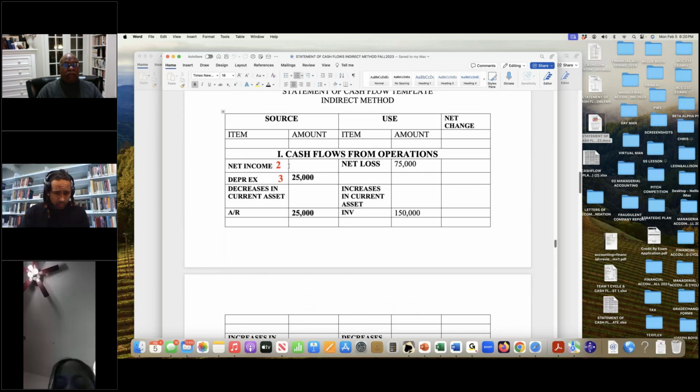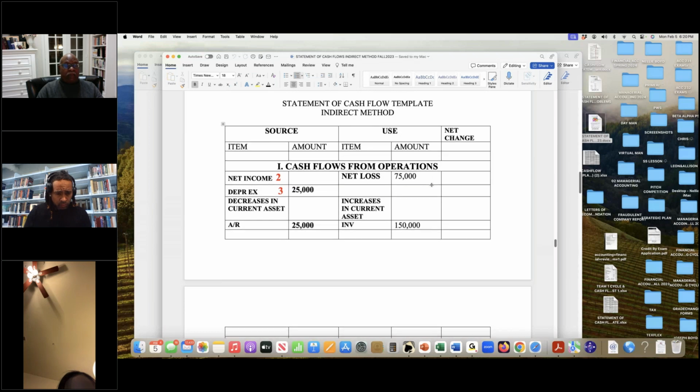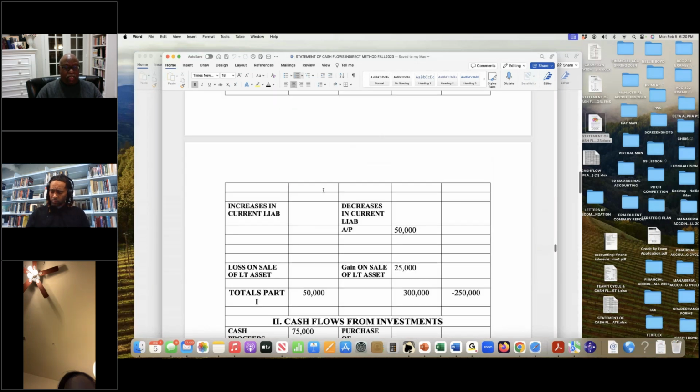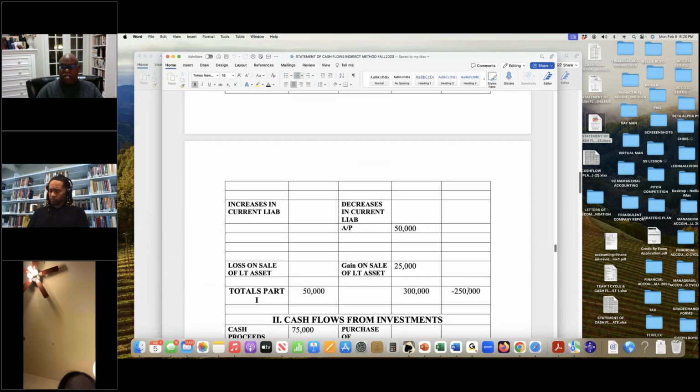And what we have are sources of cash and uses of cash. And we worked this problem last time. And we compare what are the sources and uses in each area. In this case, we had a -250 in operation, so we knew it was a problem.